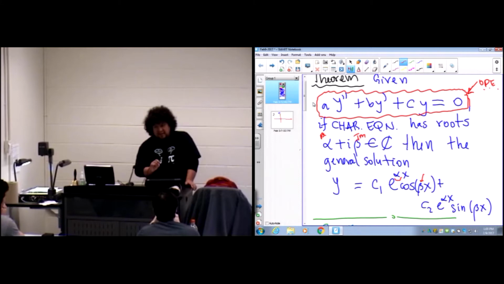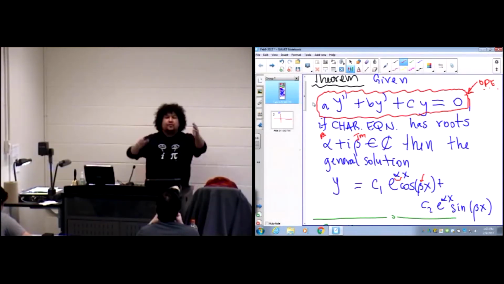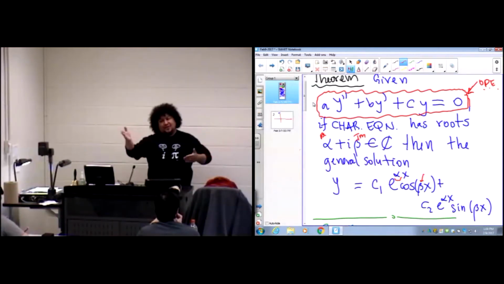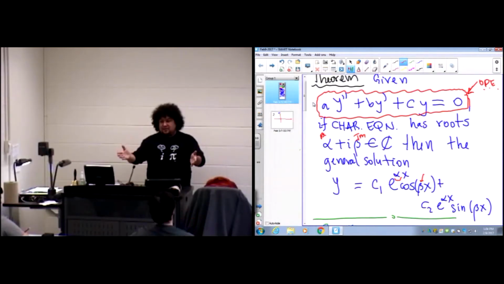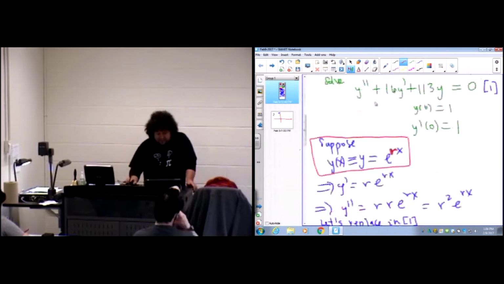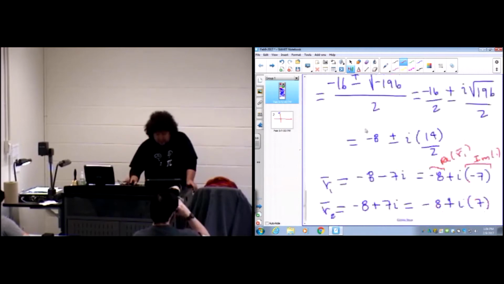So then there is more, because in this case, we have identified that these values of these roots of r are complex numbers. So in this case, the solution y of x becomes C1 e to the minus 8x cosine plus C2 e to the minus 8x sine.